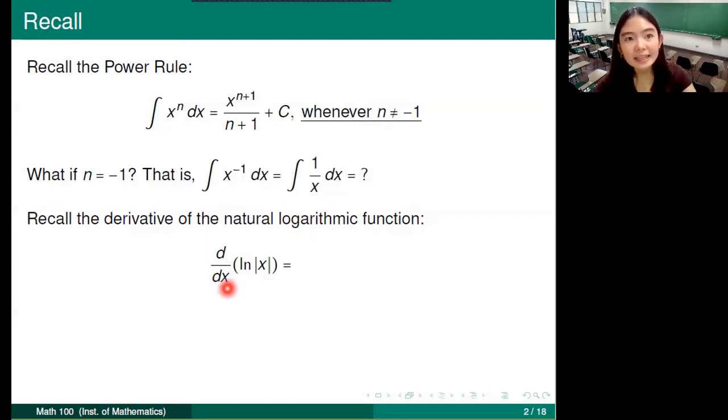Hindi siya valid or hindi siya defined for 0 and negative numbers. Pero kapag itong derivative formula yung kinonsider natin, dahil sa absolute value, it can already take in negative numbers. So that yung ln safe, yung mga tinitake niya ay positive because of the absolute value. Now from before, alam natin, the derivative is simply equal to 1 over x.